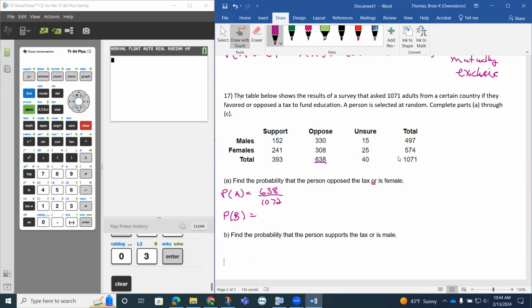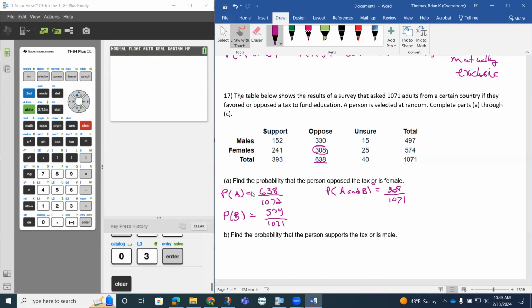There are 574 that are female out of the 1,071. But is there a female that also opposed the tax? So is there a probability of A and B? Is there a female that opposed? There are 308 females that opposed out of that 1,071.